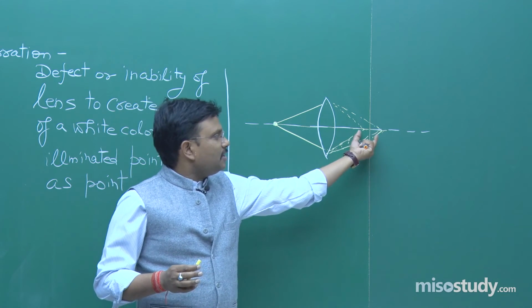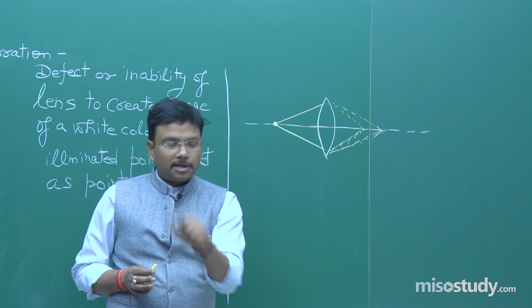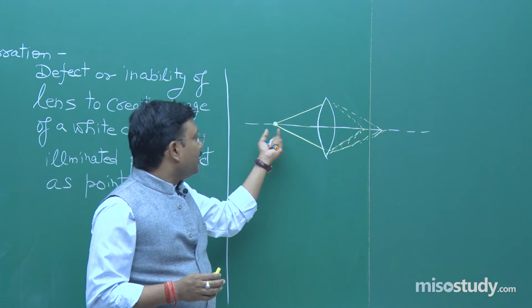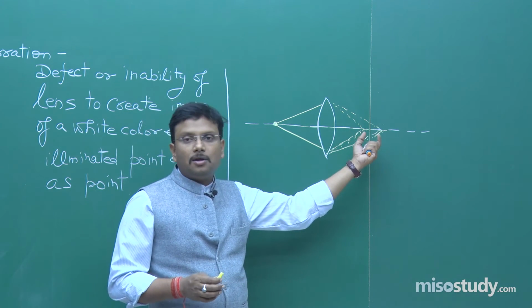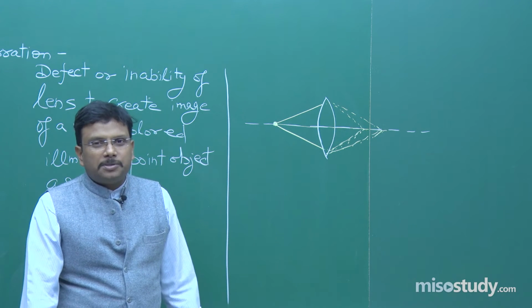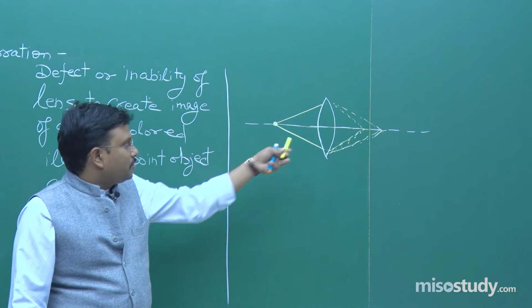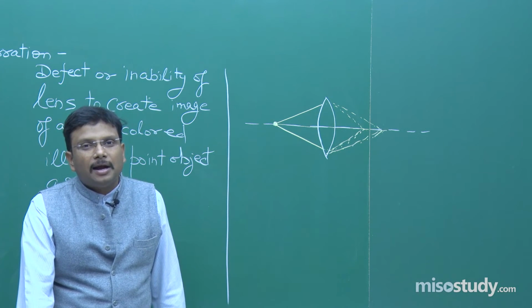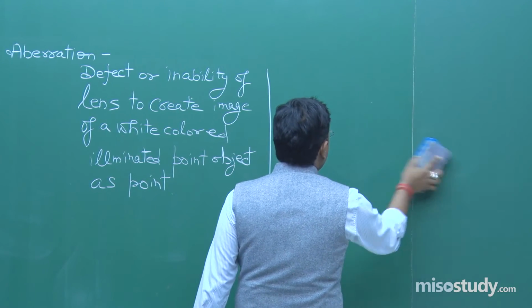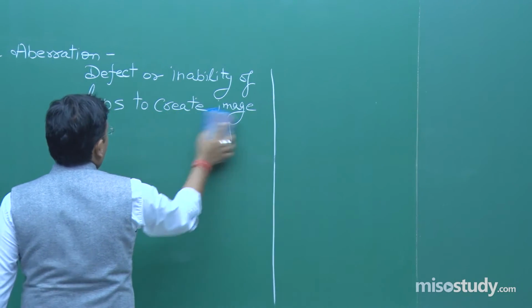Blurred means see the width of the image, while the object was a point. Rather than a clean point, it is going to be elongated. So the image of a point object illuminated by white light created using a lens is always going to be colored and blurred. Now, why does it happen, what exactly is the cause of this phenomenon?